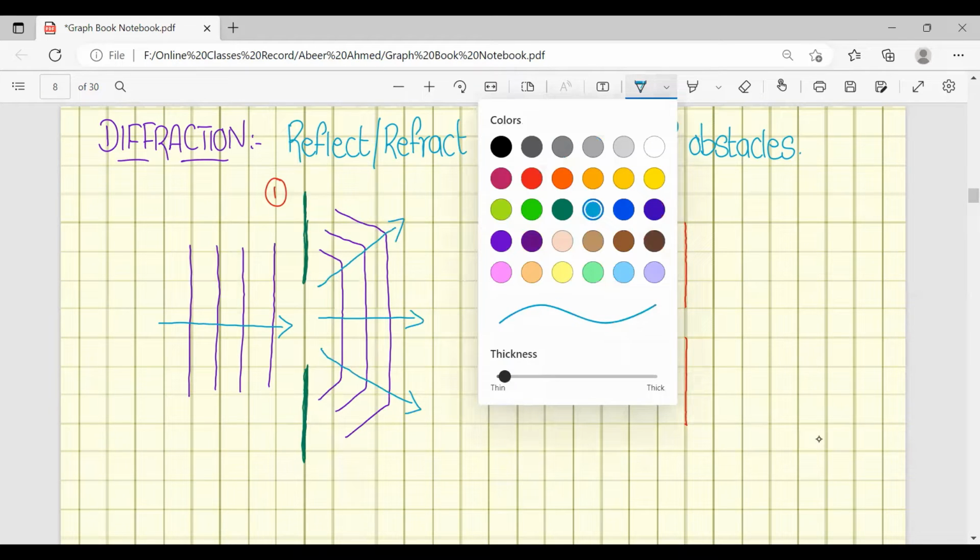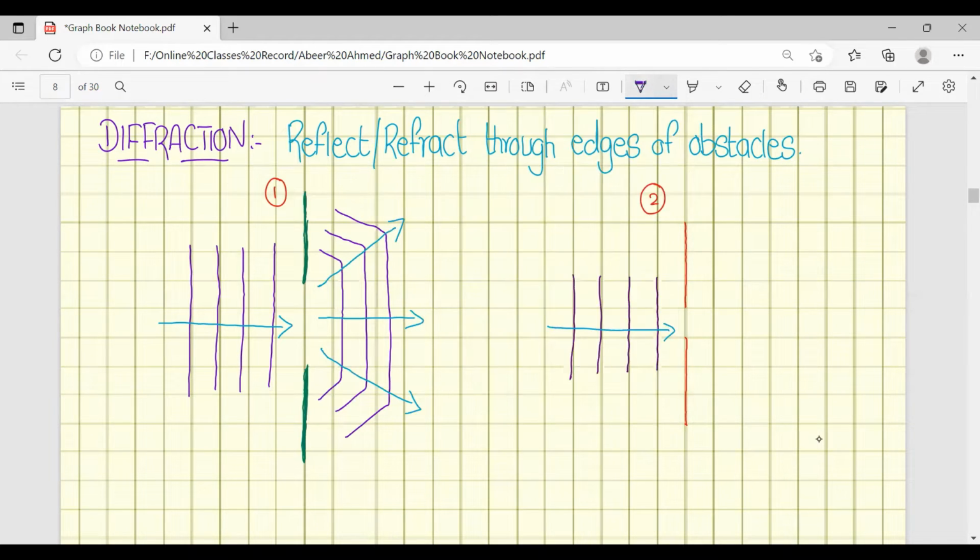Okay, so waves are going to be in a semicircle shape after passing through the obstacle, right? So you have to remember these types of orientation of waves after passing through obstacles in the diffraction process. Any confusion?